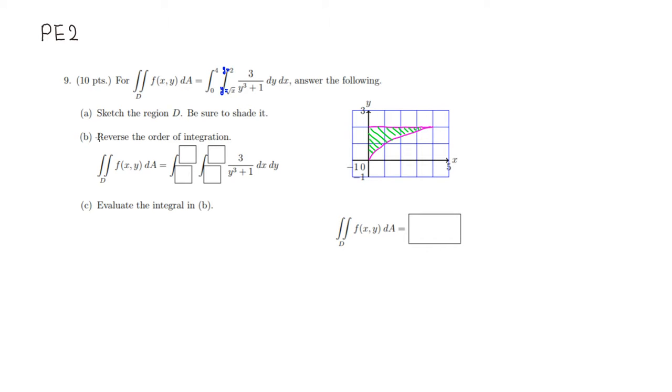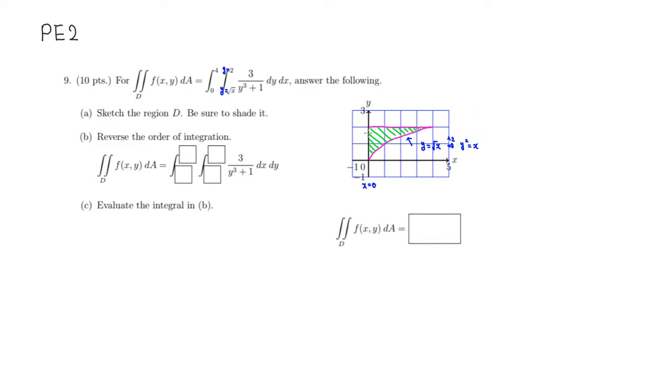Then reverse the order of integration. So we want to do it with respect to x first. The y-axis is x equals 0. Then this other boundary is y equals square root of x, but we can square both sides and write it as y squared equals x.